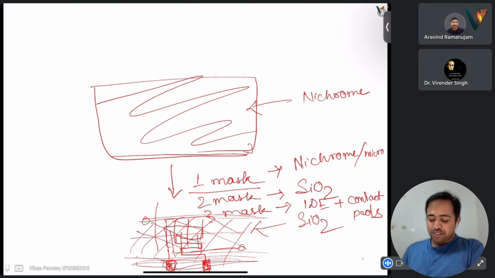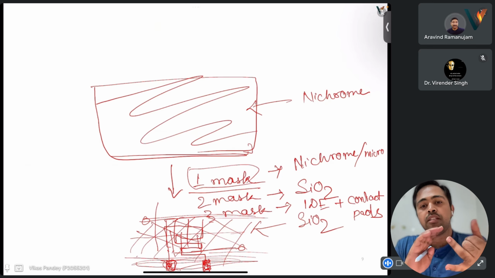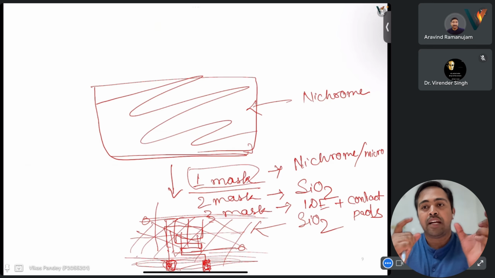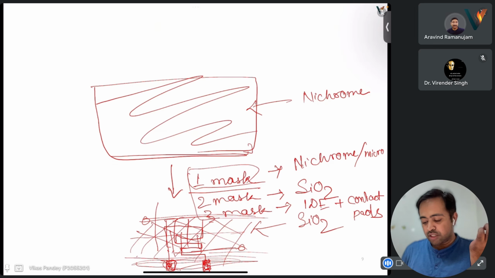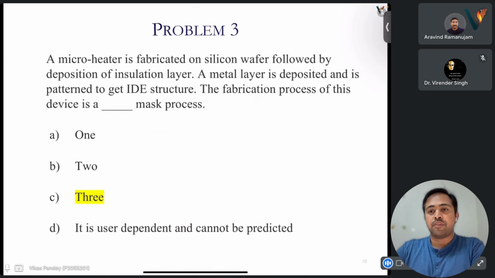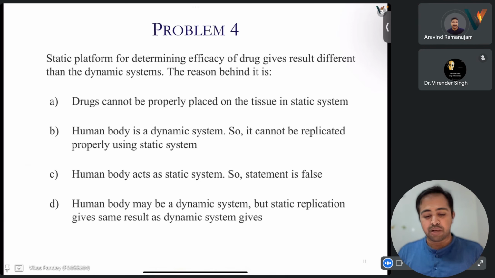Yeah, sure. So generally speaking, when we see it at first, it looks like a two mask process, and we forget the area where we have to open the SiO2. So it is in total a three mask process. Clear? Is it clear now? Yes, sir. That is why I am asking about the number of masks every week.